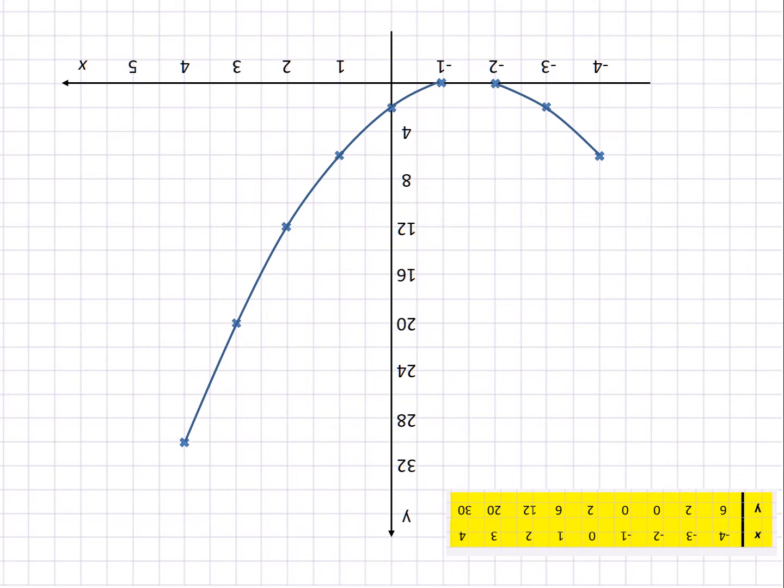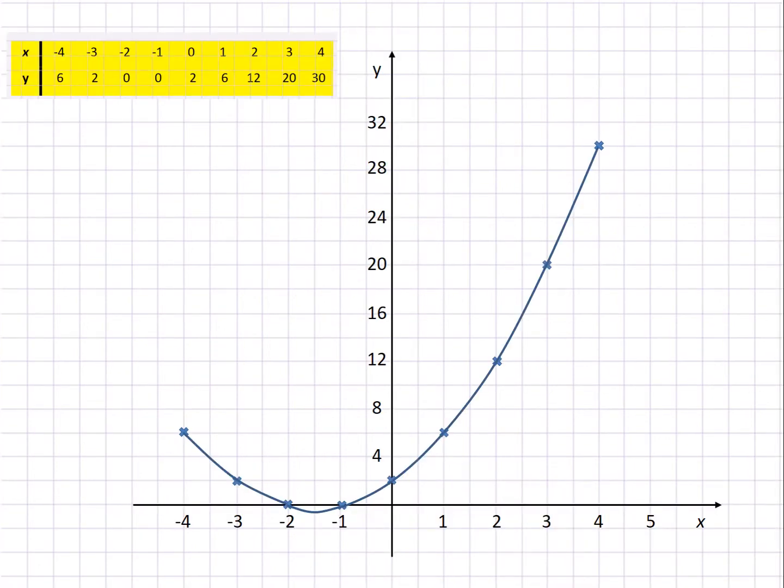It's just easier for the right-handed person to draw their curve like that. And then just make sure the curve has a little turning point there between x values of -2 and -1. And then when we've done that, this is what our curve should look like. And then we label it with its equation.